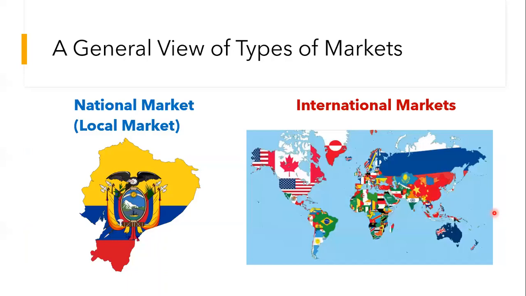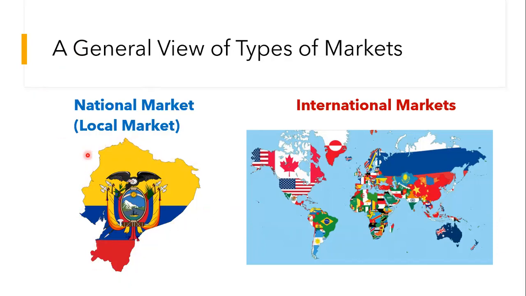So this is a general view of types of markets. You can consider national markets or international markets. And I remember that when I was explaining mission and vision, when I told you about the vision, I told you it means how much you want to grow. So if you want to grow only in Ecuador, you are going to consider a national market inside the country.